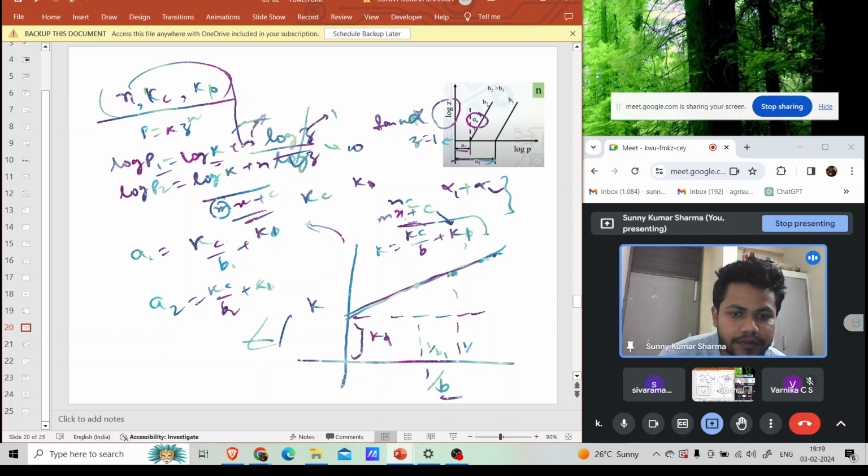For plate 2, 1 by B2. For the third plate, 1 by B3. If we have 3 plates, we get 3 K values. The intercept will be our K phi. Suppose this is theta, then tan theta will be our Kc. From here we can calculate Kc and K phi.